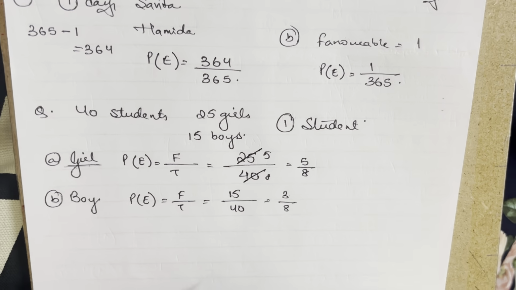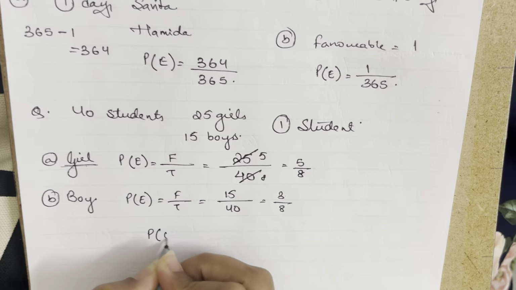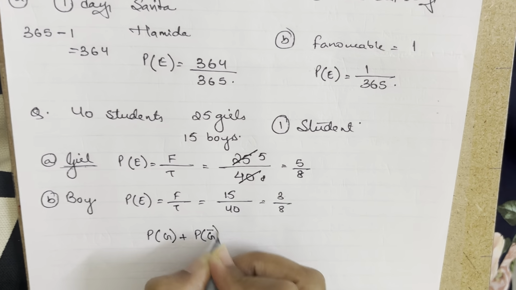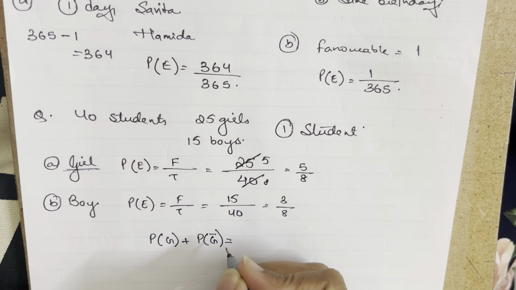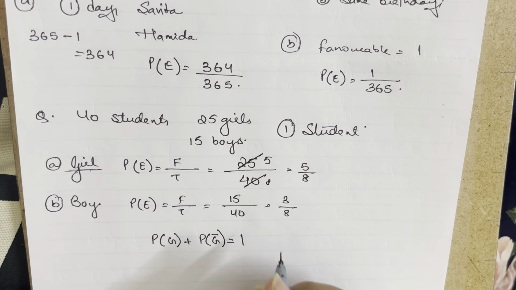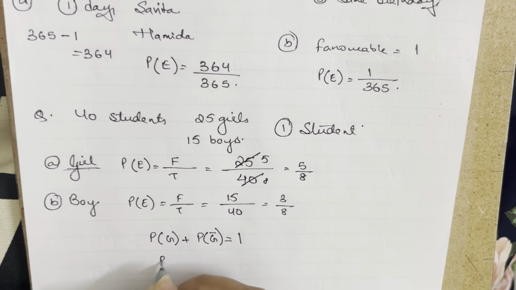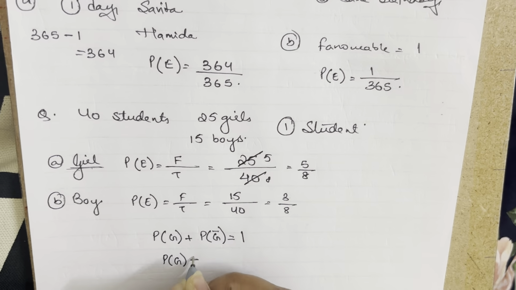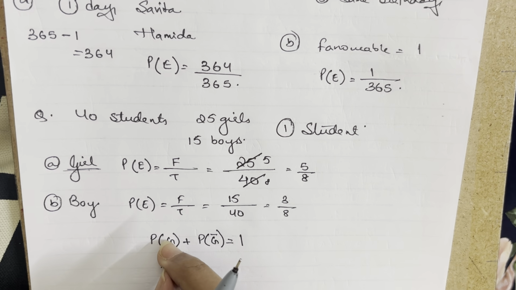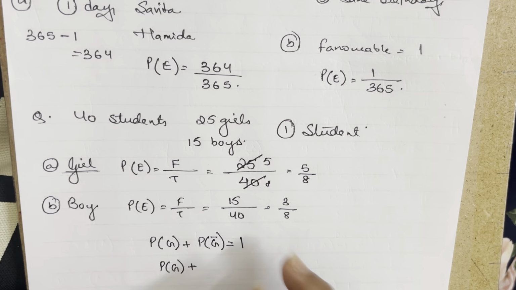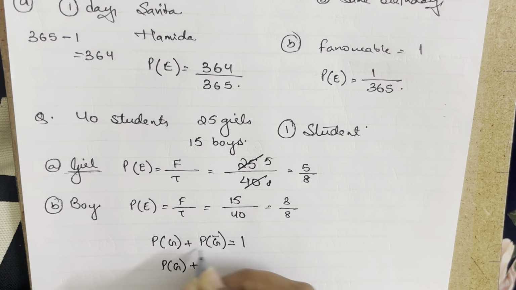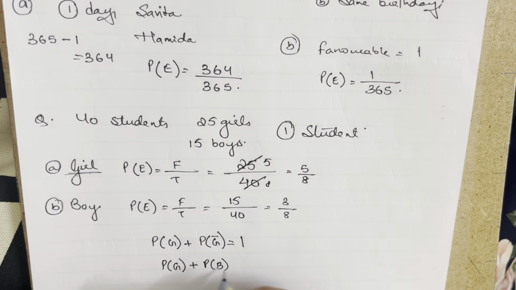That's one method. Another method is the probability of the girl winning plus the probability of the girl not winning, that is, not becoming the class representative, is equal to 1, isn't it? The probability of the event occurring plus not occurring is equal to 1. The same goes for the sum of all the probabilities. The girl not winning becomes the boy winning, isn't it, is equal to 1.